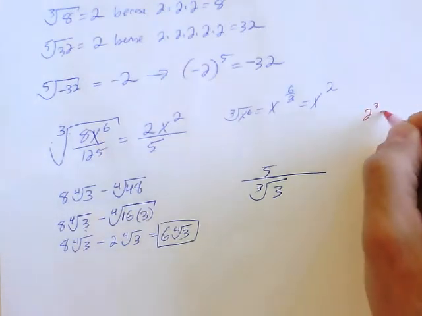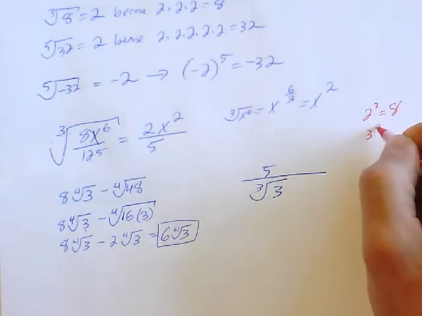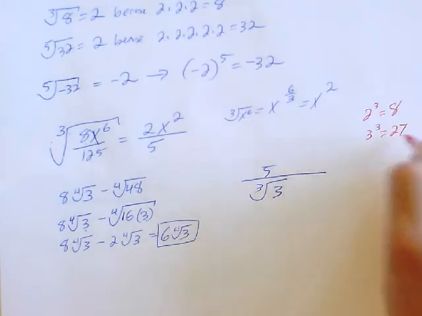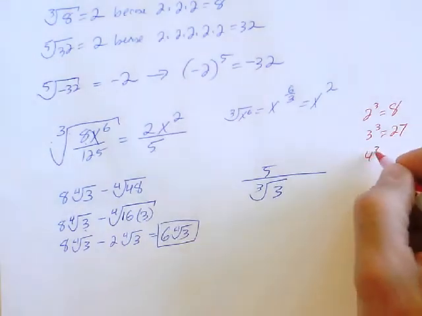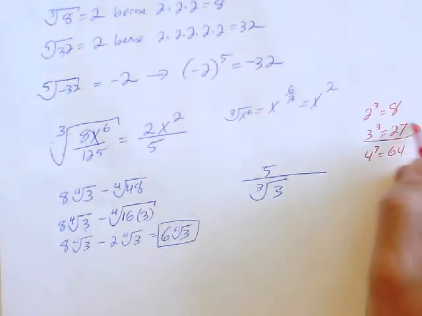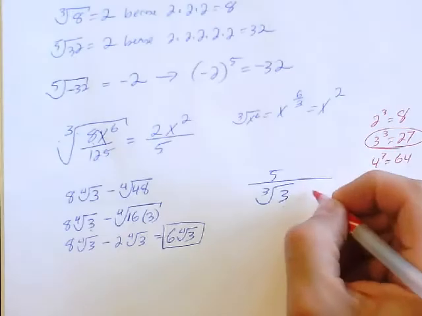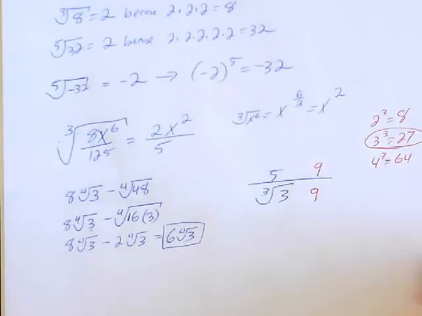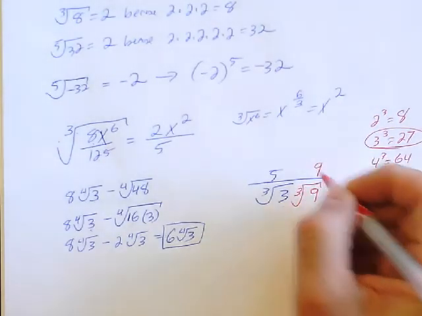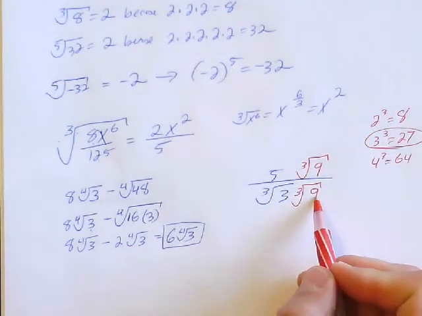So if you think of your cube roots, 2 cubed is 8, 3 cubed is 27, 4 cubed is 64, and the list keeps going on and on. Since we're dealing with the cube root of 3, we're going to deal with the cube root of 27. So you'd multiply 3 by 9. So we're going to multiply numerator and denominator by the cube root of 9.